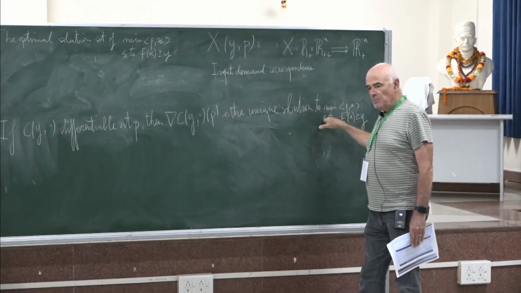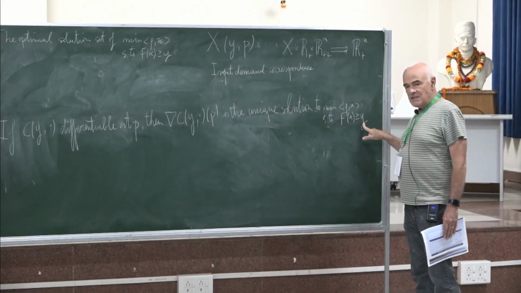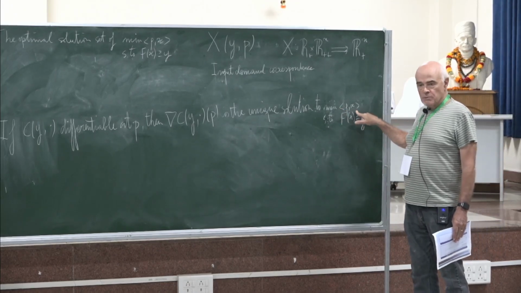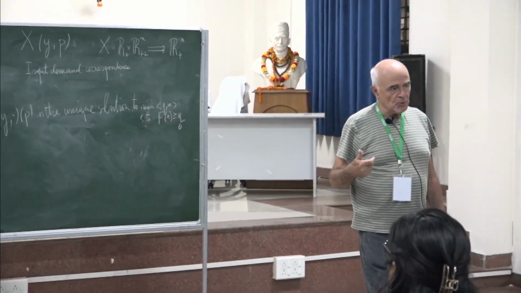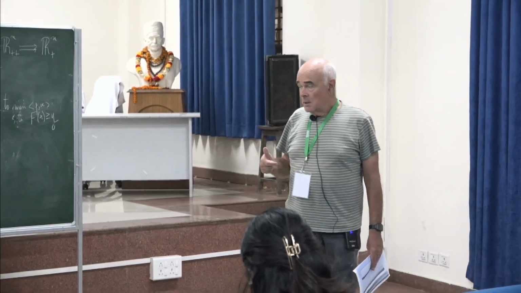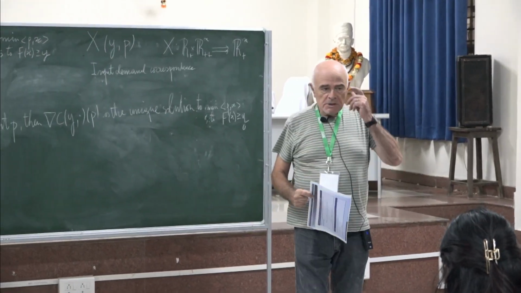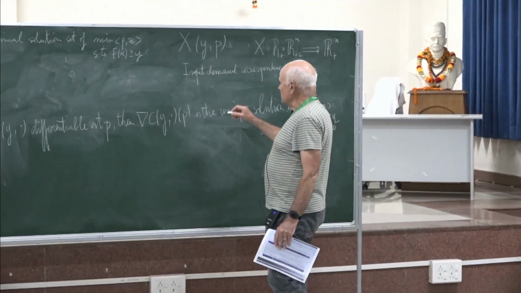These are my optimal inputs, the ones that allow me to produce at least y, which I want, at a minimum cost. So this is why it's called the input demand correspondence. Is this terminology clear? In some cases, as when the cost function is differentiable, this is just a singleton.